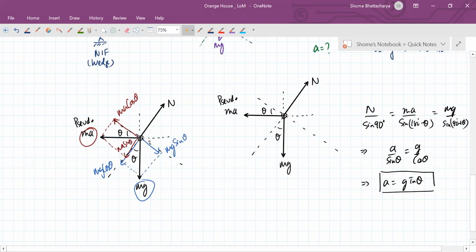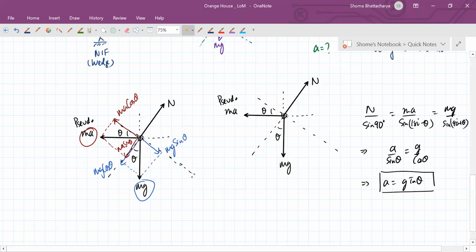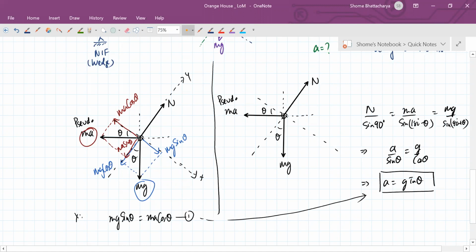So here down the inclined plane, if we take down the inclined plane as our x-axis and perpendicular to it as our y-axis. So along our x-axis, what is happening is mg sine theta is balanced by ma cos theta, and this will directly give us the same result.